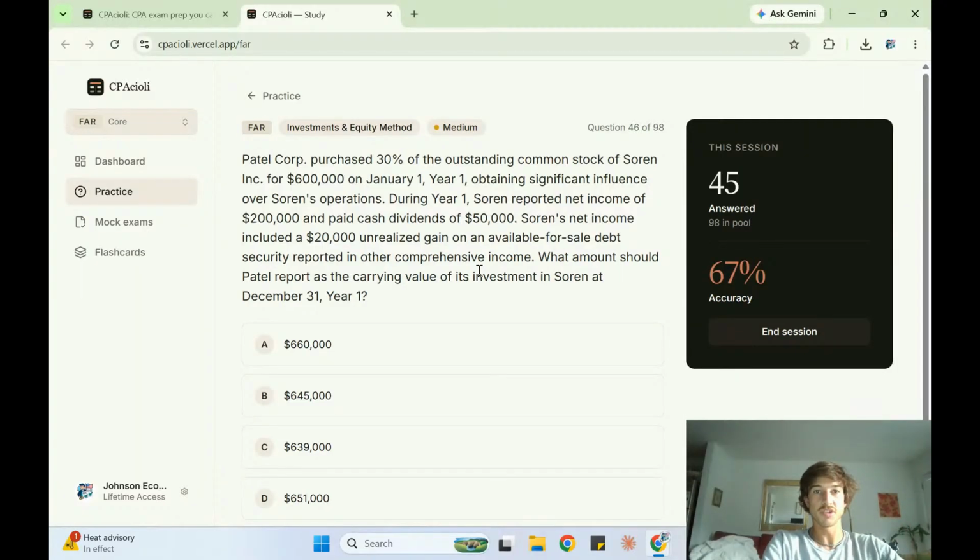So purchased 30% of Soren for 600K, and it says it's significantly influenced. So then you just take the proportions of it. So 200, and then minus 50 is 150. Ooh, what about the unrealized gain?